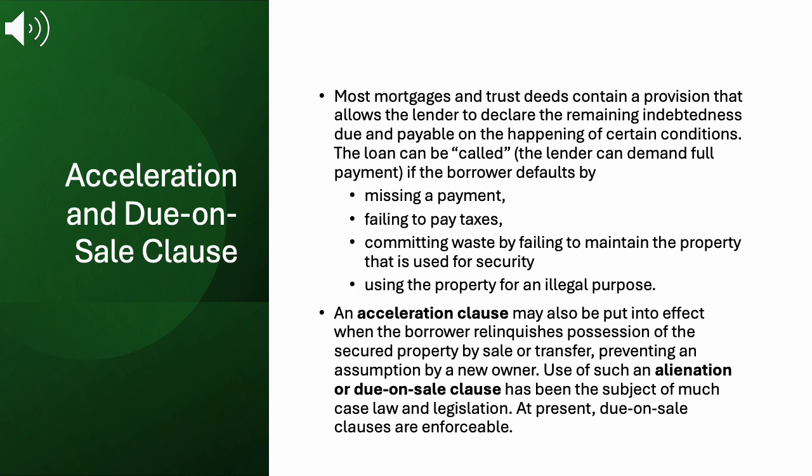An acceleration clause may also be put into effect when the borrower relinquishes possession of the secured property by sale or transfer, preventing an assumption by a new owner. Use of such an alienation or due on sale clause has been the subject of much case law and legislation. At present, due on sale clauses are enforceable.